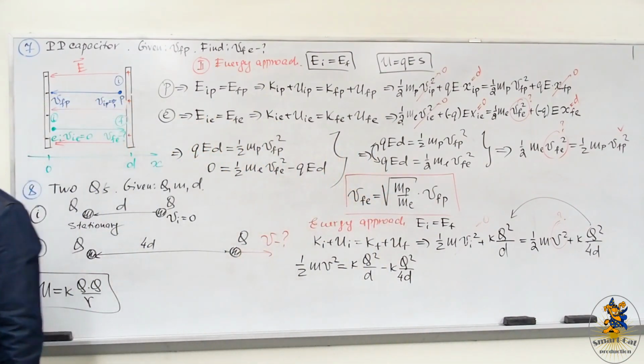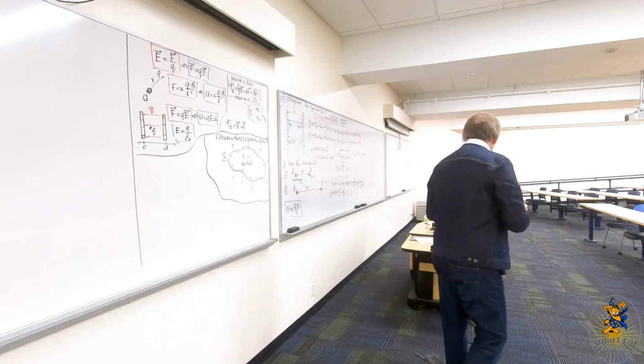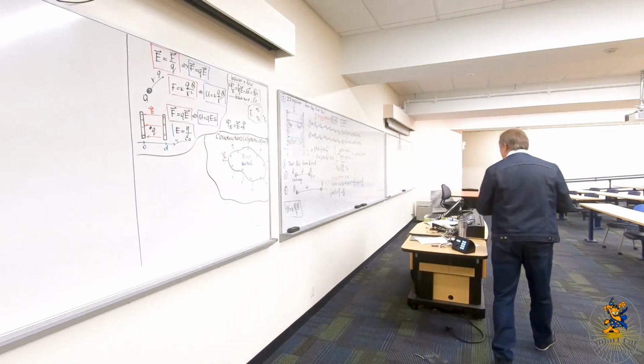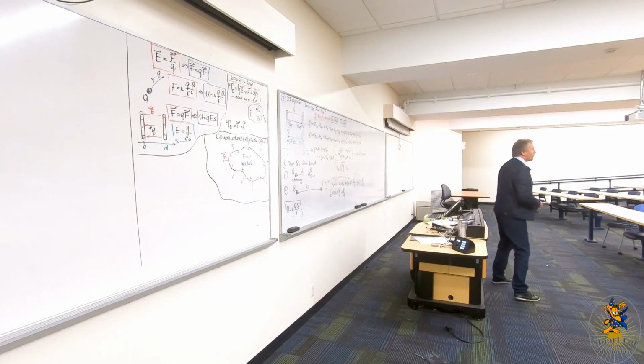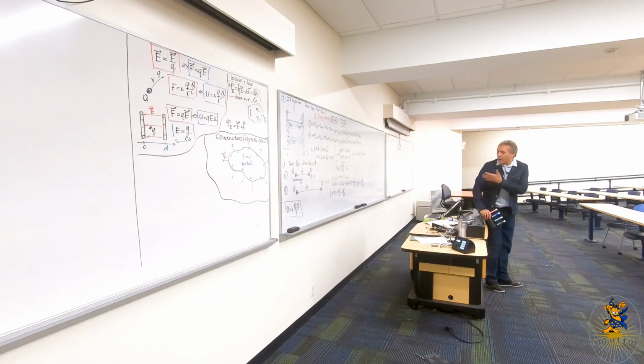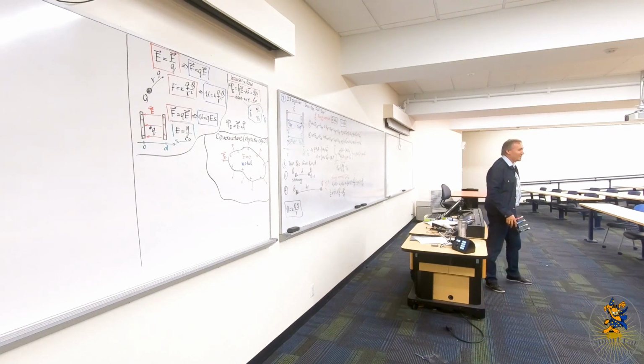I was quite surprised that it is from the exam, as I said, 2.5 years ago. At this point, I realized that quite many students are not comfortable with dealing with ratios. So when they needed to subtract 1 minus 1 over 4, sometimes they would just leave the answer like this. So sometimes some mistakes, right?